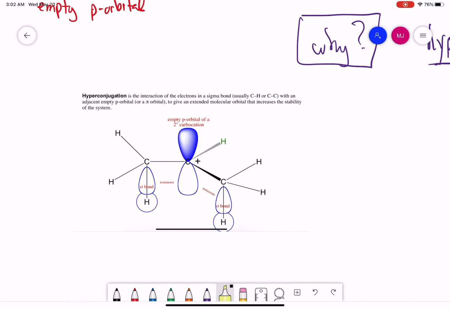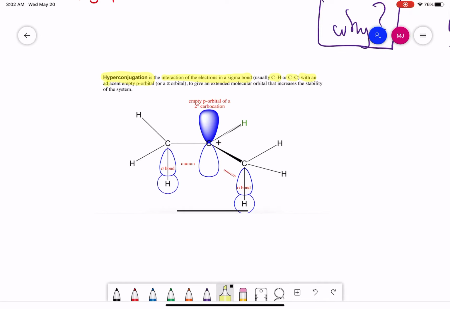Hyperconjugation is the interaction of the electrons in a sigma bond, so usually a C-H or a C-C, with an adjacent empty p orbital to give an extended molecular orbital that increases the stability of the system.